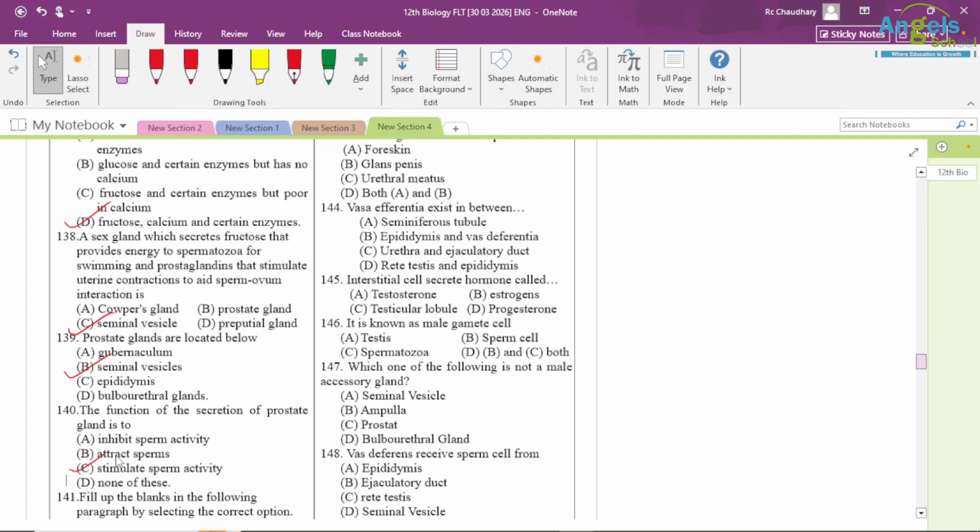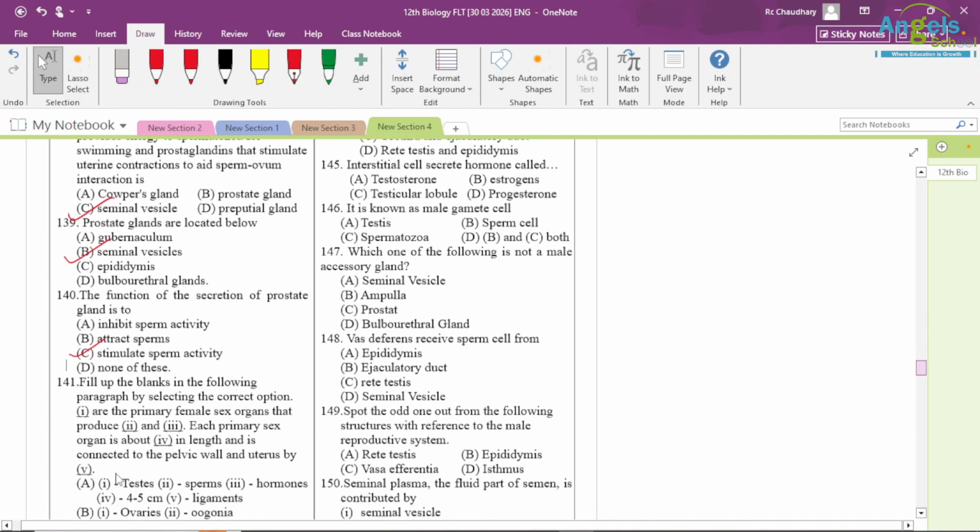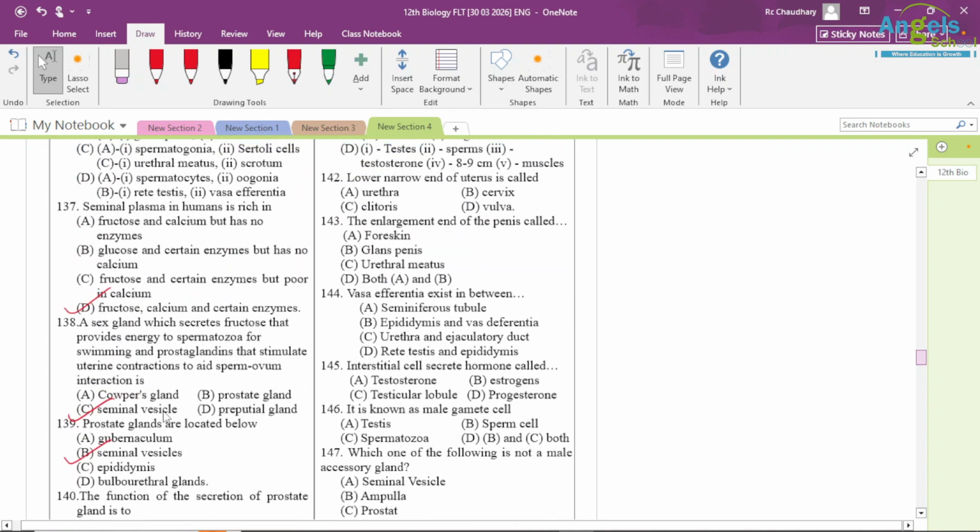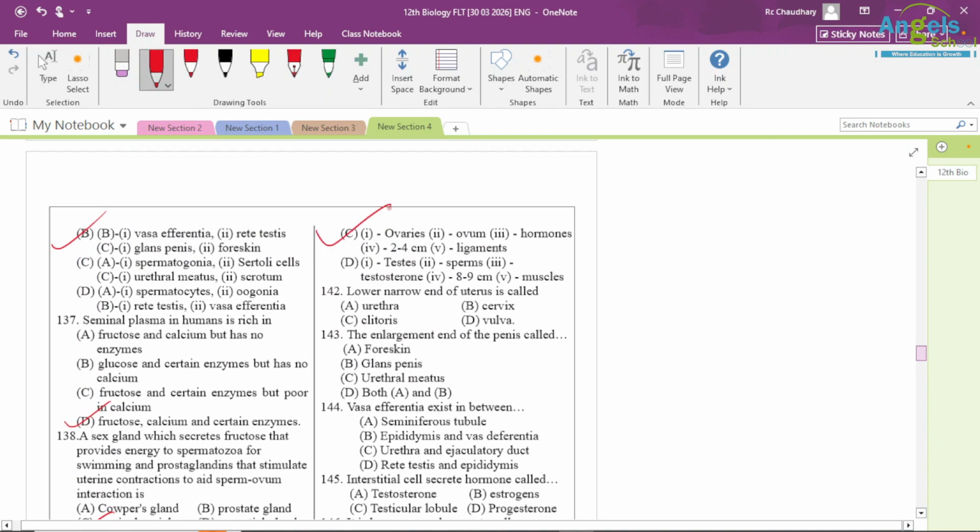Okay, so in question 141, option C is correct. Question number 142. The lower narrow end of the uterus is called cervix. The enlarged end of penis is called glans penis, and it is covered by foreskin. Okay, so option D is not correct.